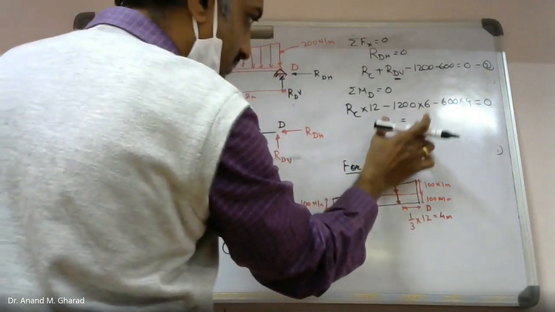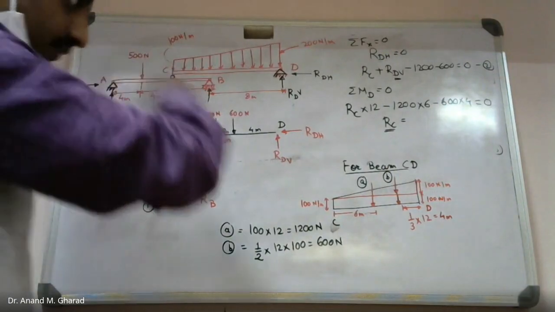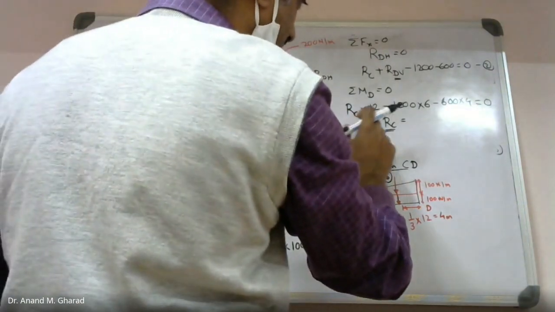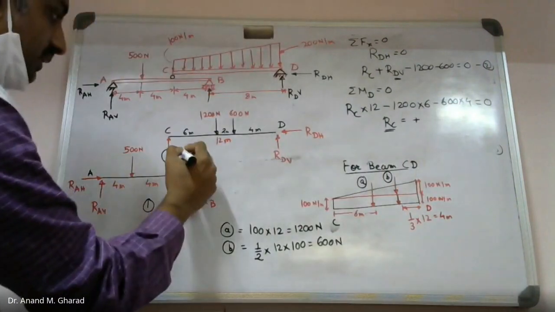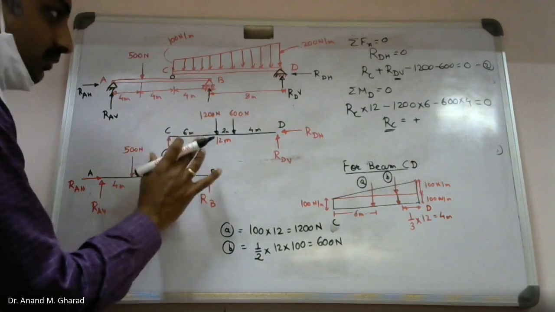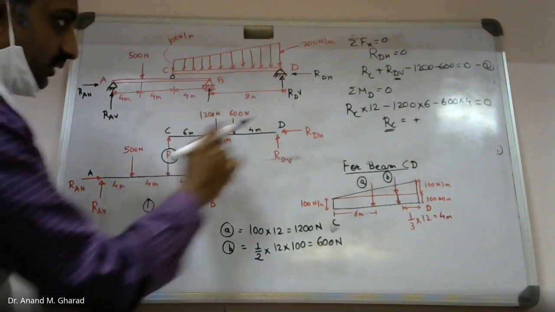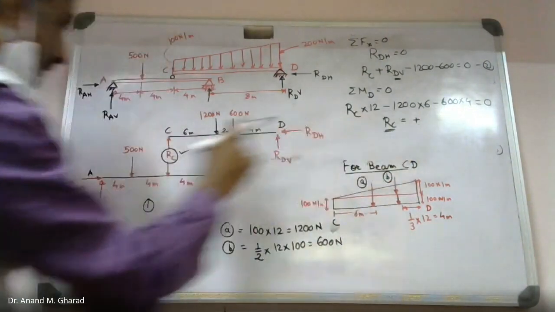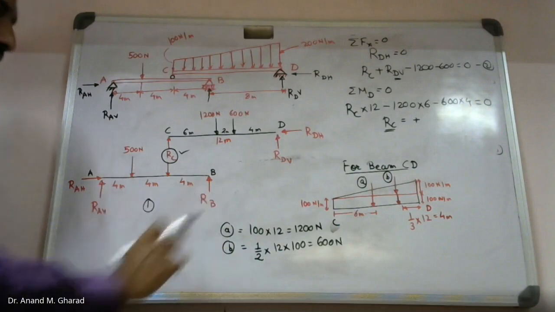What you do, you substitute this RC in the earlier equation. And from here, it is very much evident that RC value comes out to be positive. So my assumed direction over here is correct, right? So without modifying any of the values, I will simply continue with the value which is obtained. I will place it over here and then I will calculate the RAV and RB value.